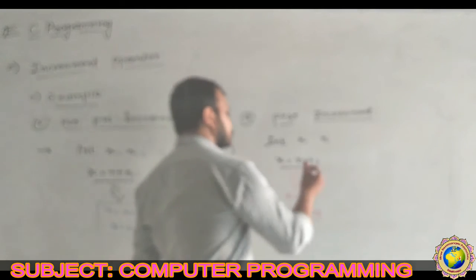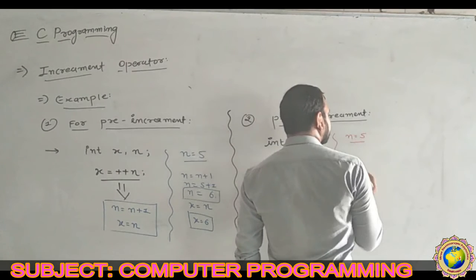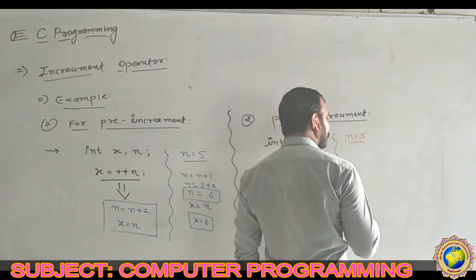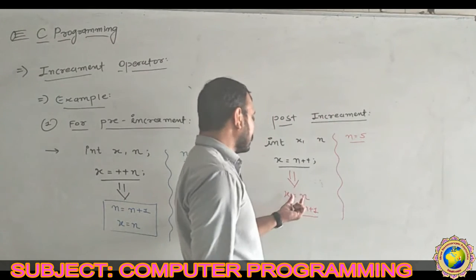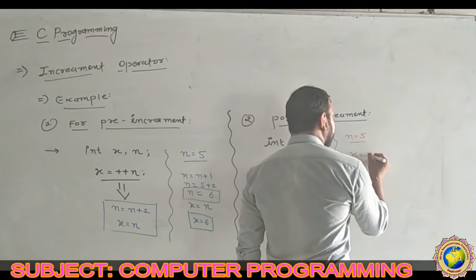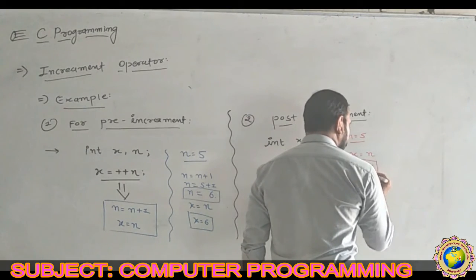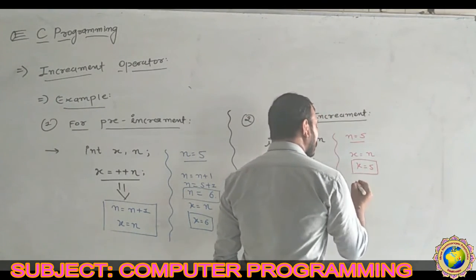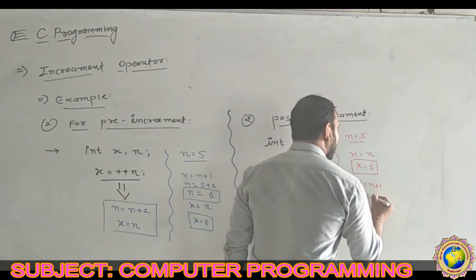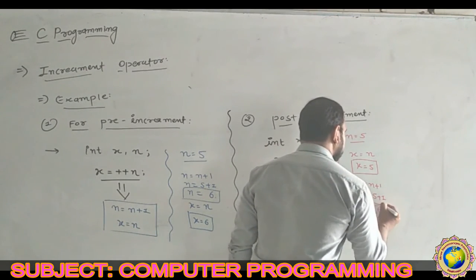So according to this, if I take n is equal to 5, then first the value of n is assigned to x, so x is equal to 5, and then n is incremented by 1, n is equal to n plus 1, it means 5 plus 1, and n is equal to 6.